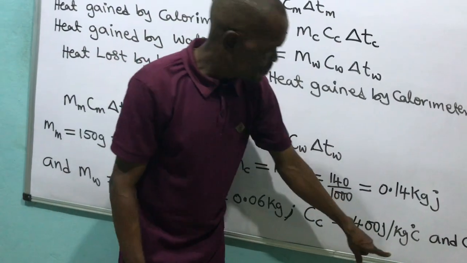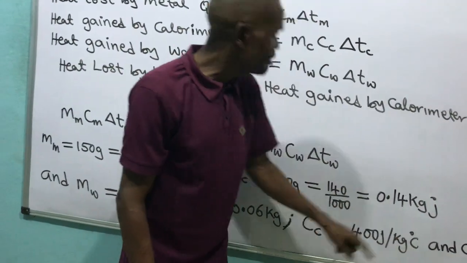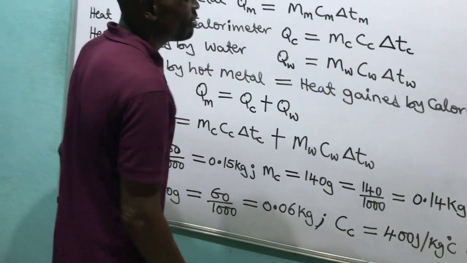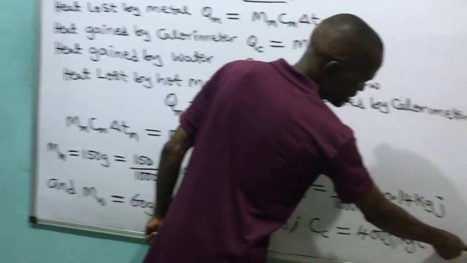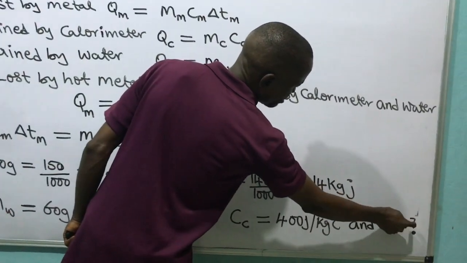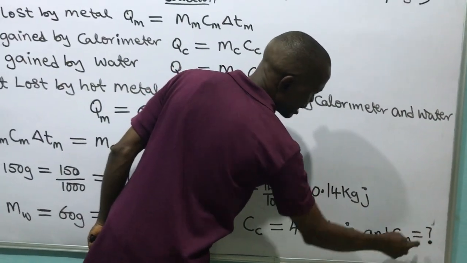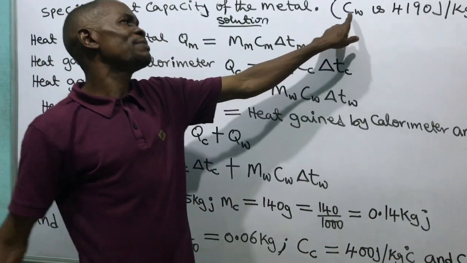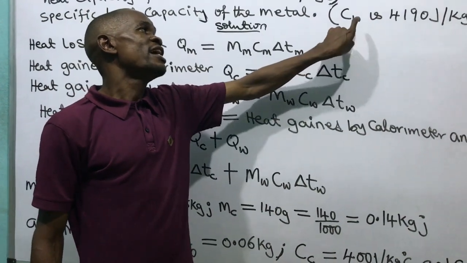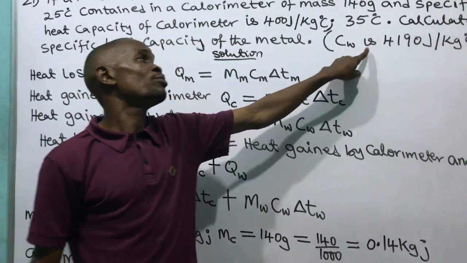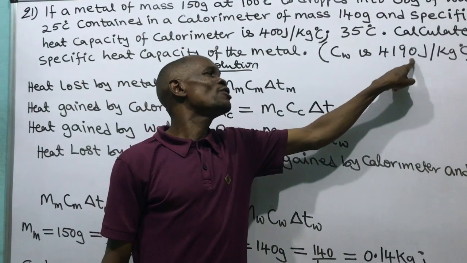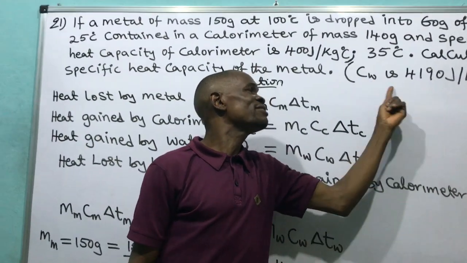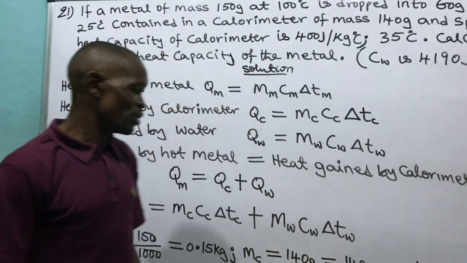Specific heat capacity of calorimeter is given as 400. Then the specific capacity of metal is what they asked me as the question. That's why I put a question mark. They gave me the specific capacity of water to be 4190 joule per kilogram per degree. That's what they gave me.